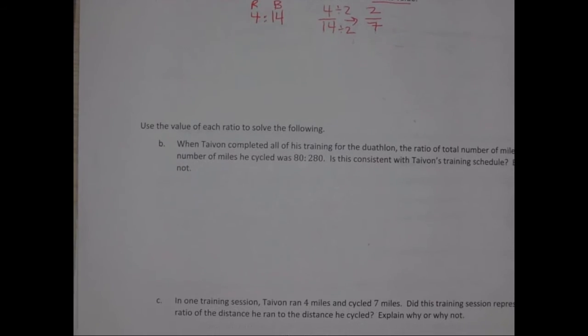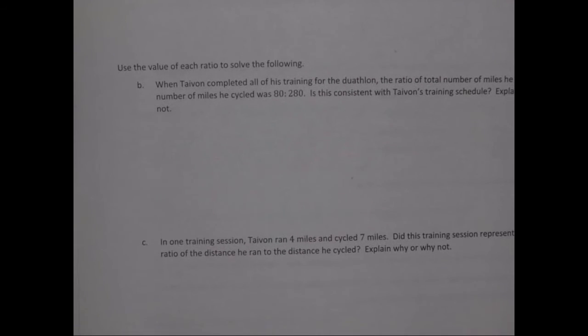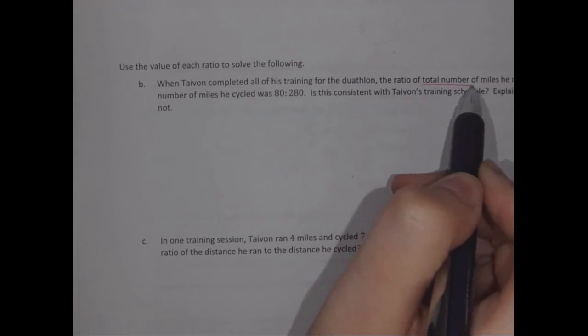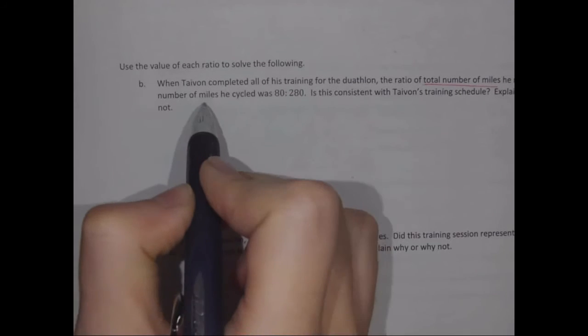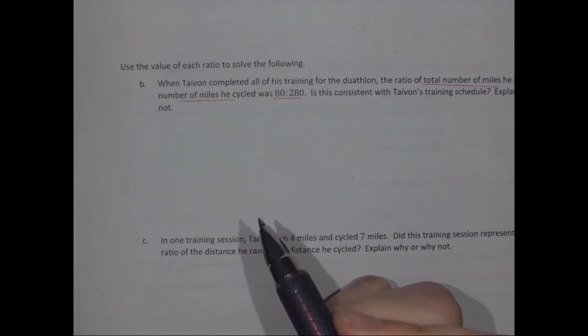Try part B independently. At a level 0, try B independently. When Tavon completed all of his training for the do-a-thon, the ratio of total number of miles he ran to total number of miles he cycled was 80 to 280.